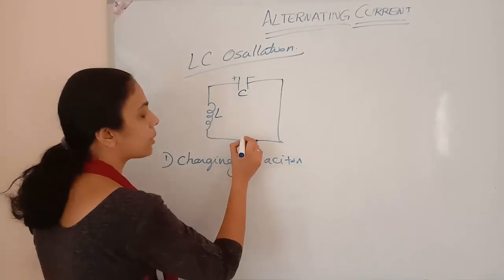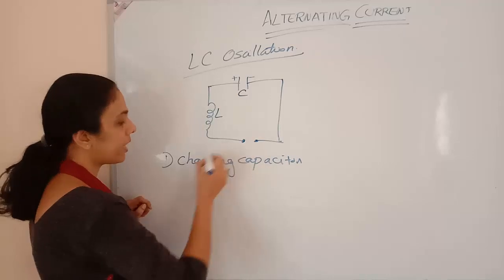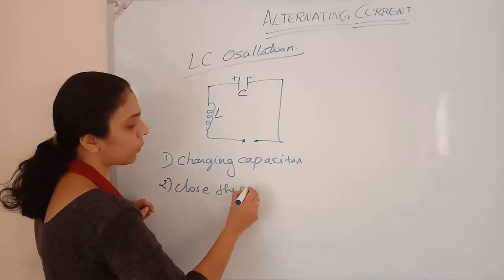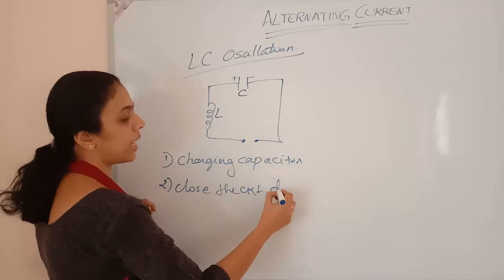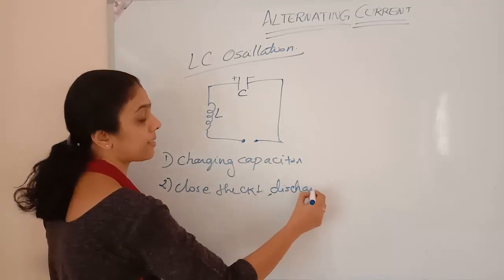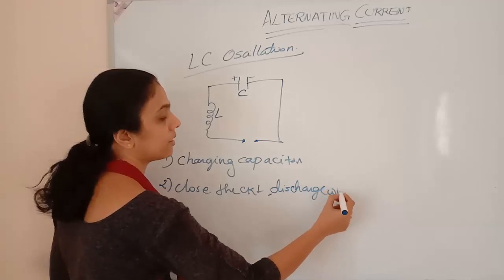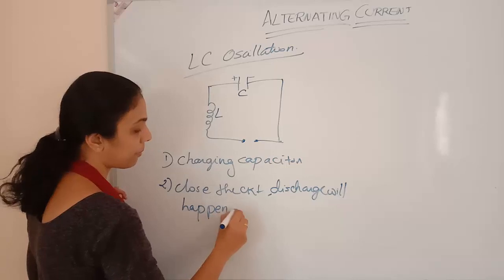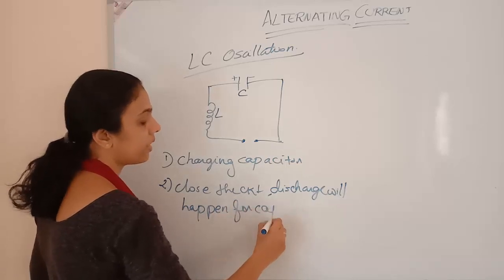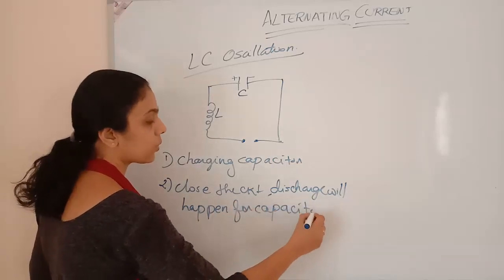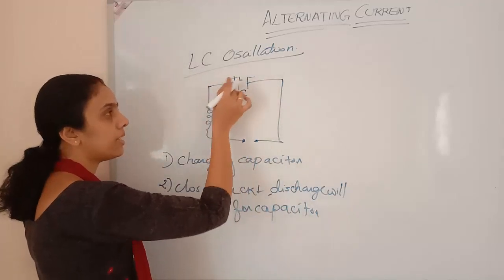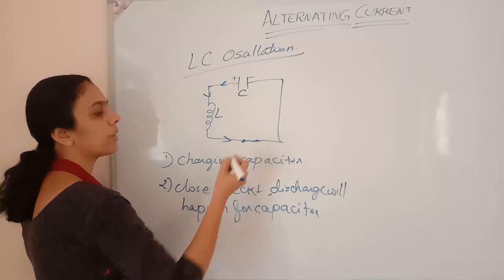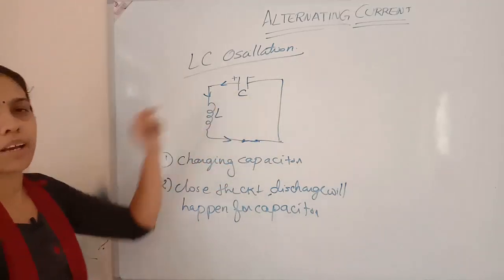When I close the circuit, what will happen? Discharge will happen in the capacitor. While it is discharging, the charge is reducing, so current is moving in this manner.